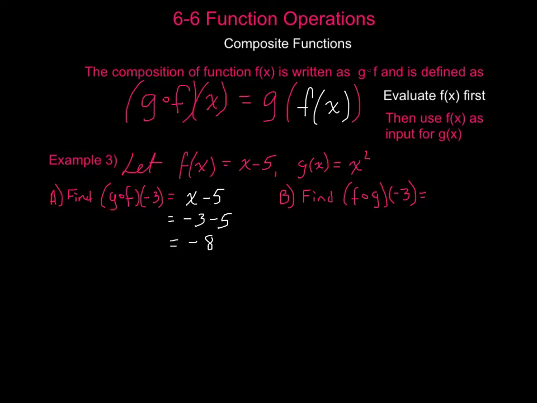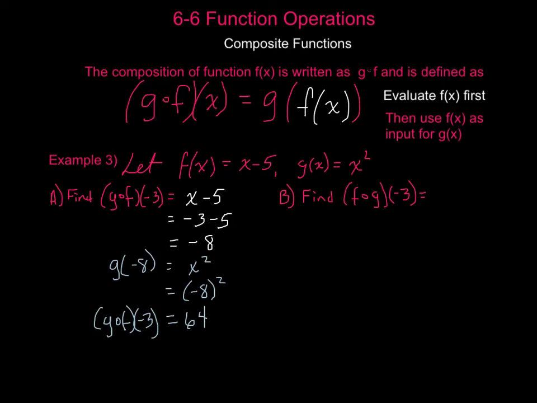So g of negative 8 is x squared, so we will get negative 8 squared, which is 64. So g of f of negative 3 is 64.